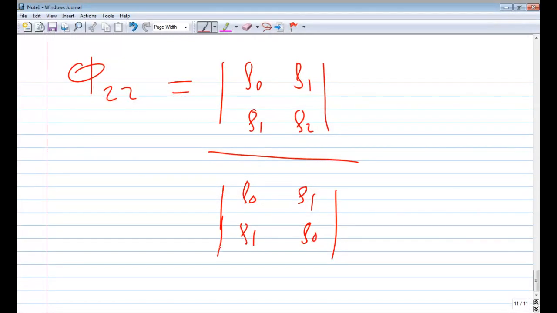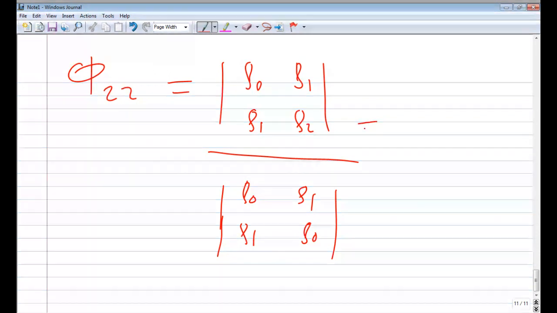You get that? The partial autocorrelation function at lag 2 is equal to the determinant of this 2 by 2 matrix, divided by the determinant of the 2 by 2 matrix, where row 0 represents the autocorrelation function at lag 0, row 1 the autocorrelation function at lag 1, and row 2 the autocorrelation function at lag 2.